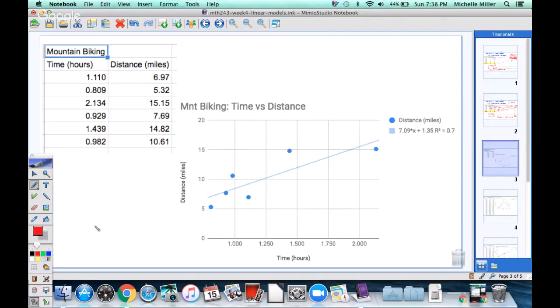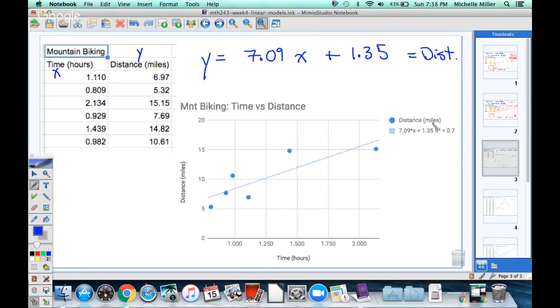So the computer is saying that the model here, y, my distance, versus x, my time, is 7.09 times the time I rode plus a little bonus of 1.35. And so this is going to give me distance based on time.